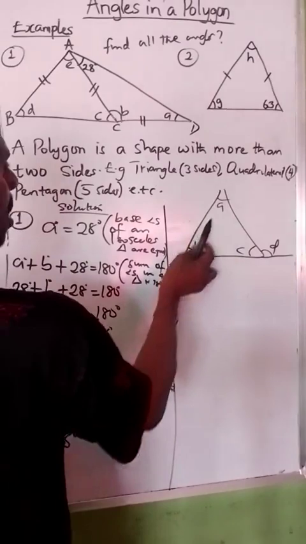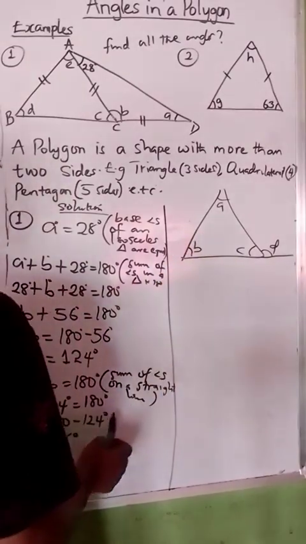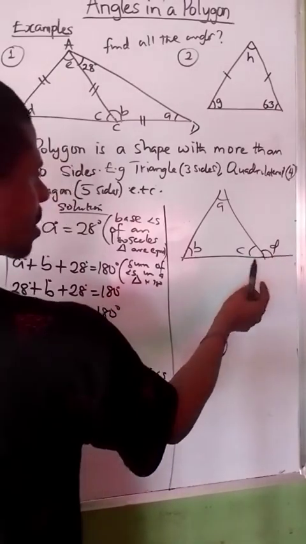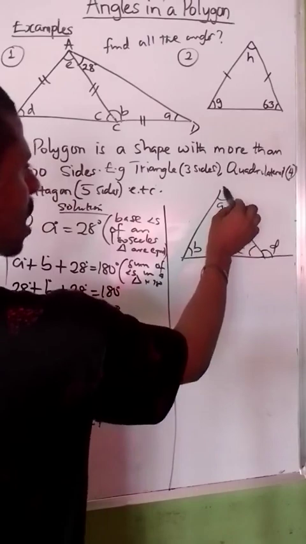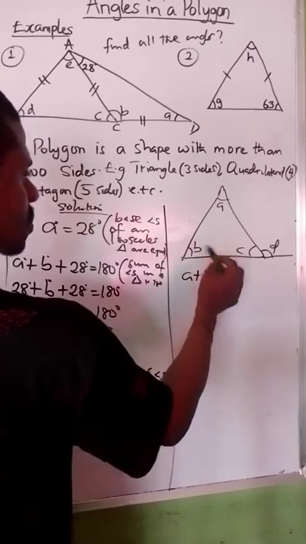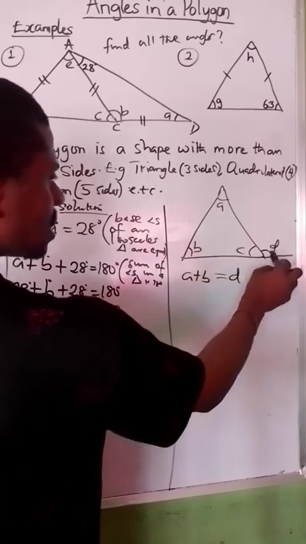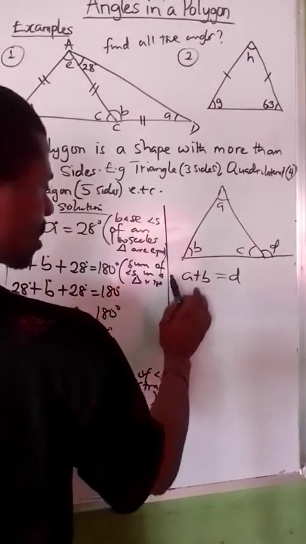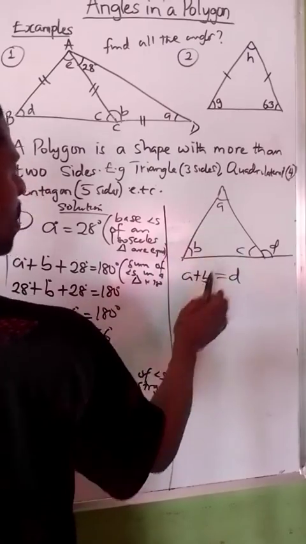So the exterior angle of a triangle is the same as the sum of the two opposite angles. Meaning that if you add A plus B together, it will give you D. Yes, that is another piece of information you need to know about triangles.